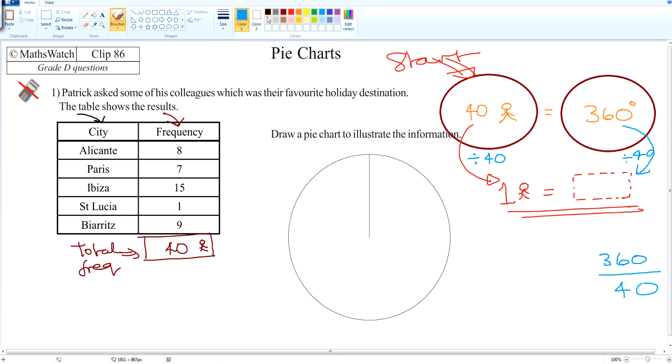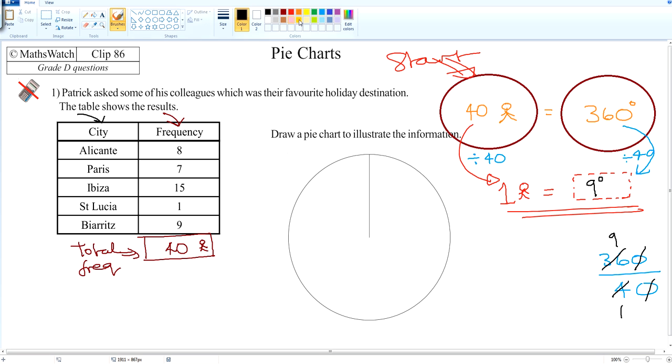We divide the top by 10 and the bottom by 10. So there was 36 divided by 4. That tells us that each person is worth how many degrees? 9 degrees. 40 fits into 360 nine times, so 9 degrees.